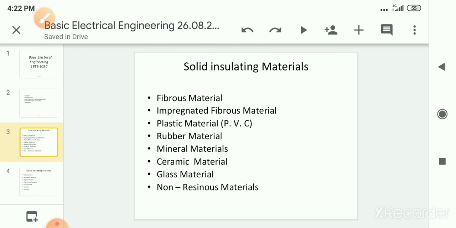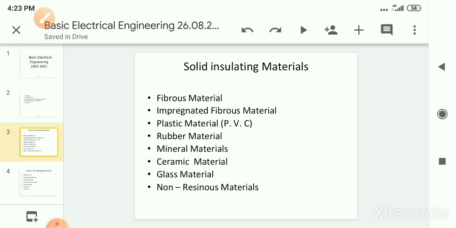After that, the solid type, in that natural cotton and fibrous materials, that is wood, cardboard, cotton, silk, asbestos, papers, materials like that we studied. And impregnated means, for example, if paper is there, we give some treatment to impregnate it. This impregnation treatment improves its properties compared with normal paper, then it is called impregnated paper. Like that, we processed impregnated fibrous materials also.